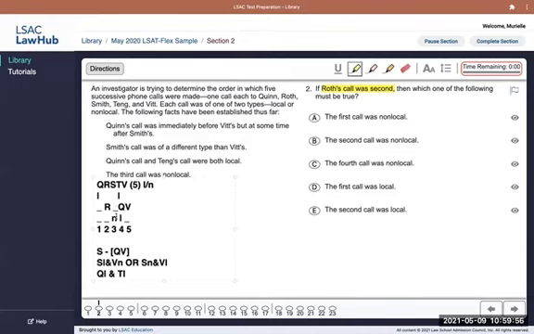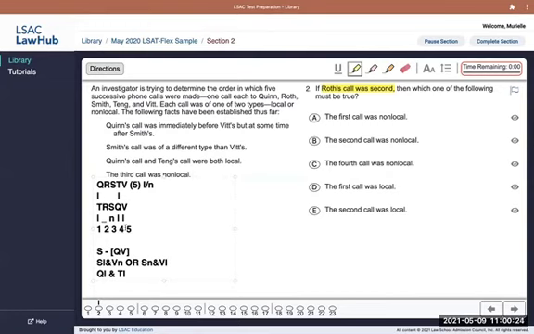And I do know that spot 3 is non-local, so T can't be third because T is local. So T will have to be first and local. And then S, the only remaining player, is going to have to be third, non-local. Because S is non-local, V has to be local.